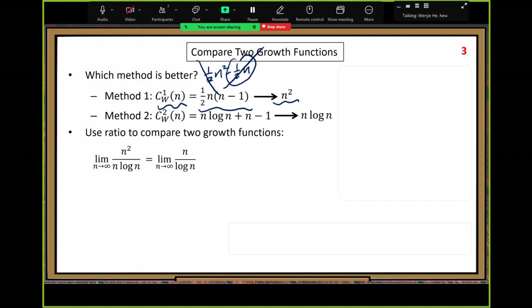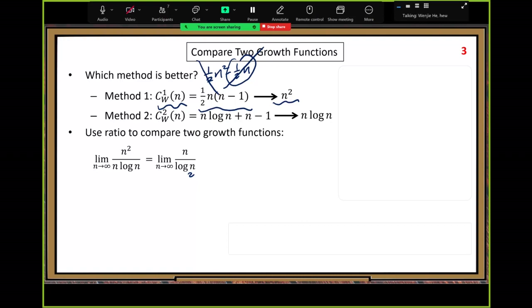Which is larger, n or log of n? Log base 2. As I said, in computer science, the default log base is 2. Later we can use a general log base a greater than 1.